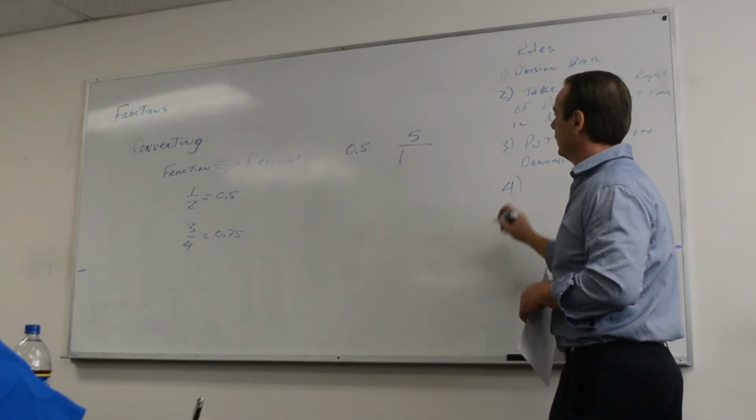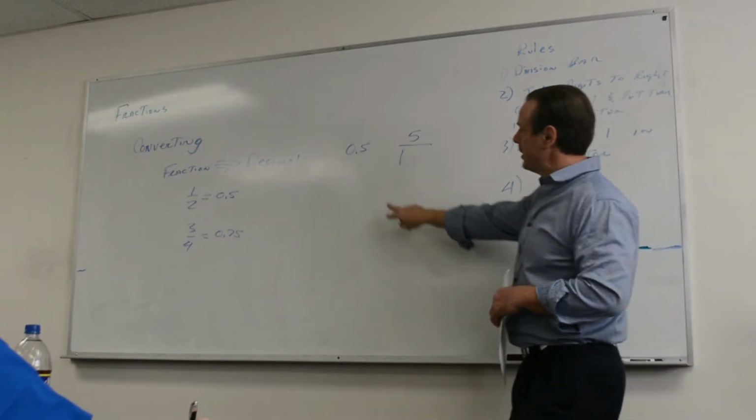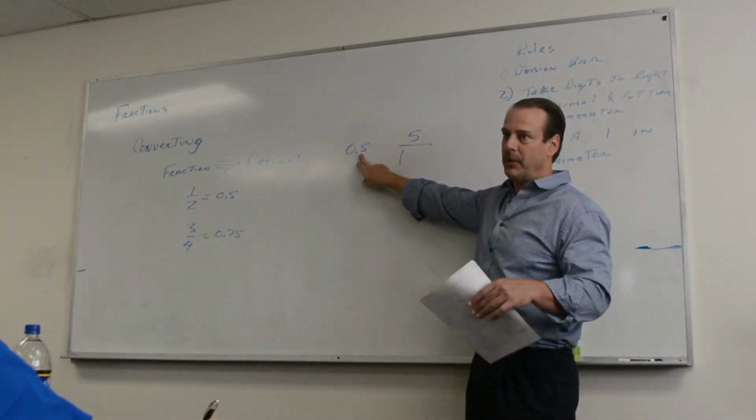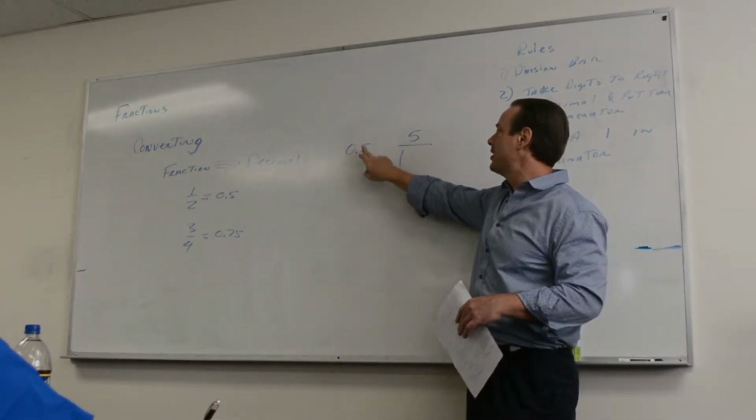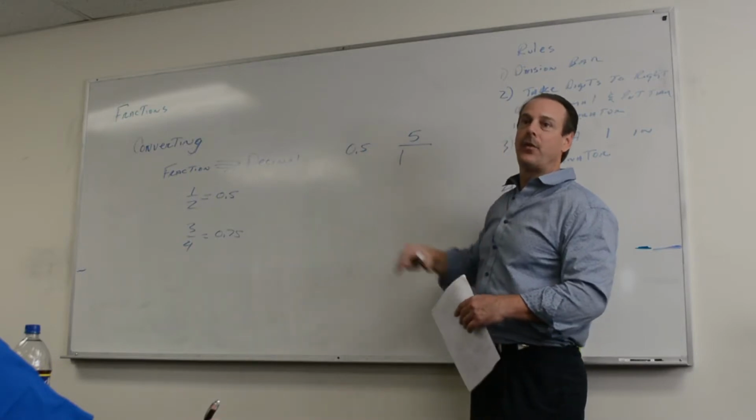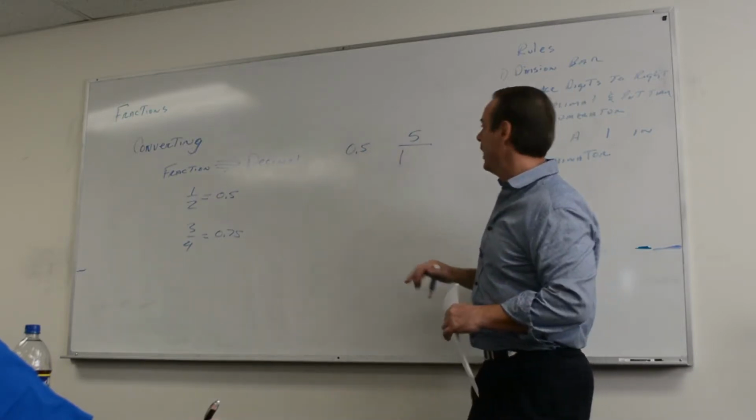Step 4. We're going to come over to the decimal. We're going to count the number of digits to the right. In this case, we have 1 digit. Therefore, we're going to put one 0 in the denominator.